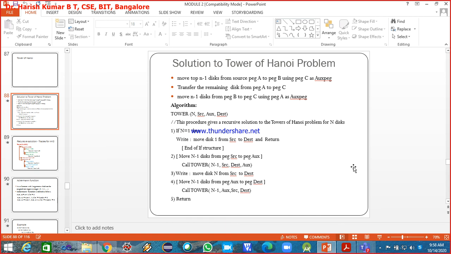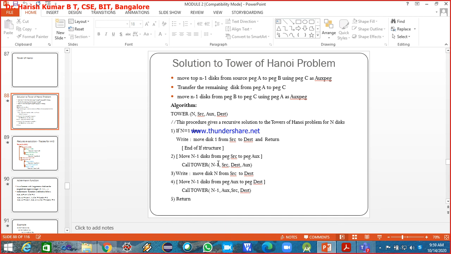Yes, sir. Okay. So this is very important here. See, the concept of n minus 1 is very important. So if I ask you a question, initially what will you do? You'll move the first n minus 1 disks from source peg to where? Auxiliary, using what? Destination as temporary.